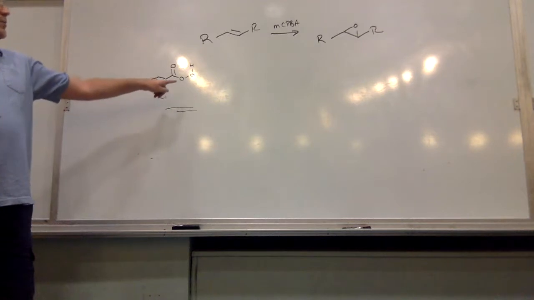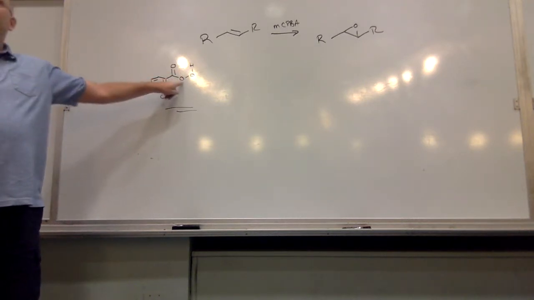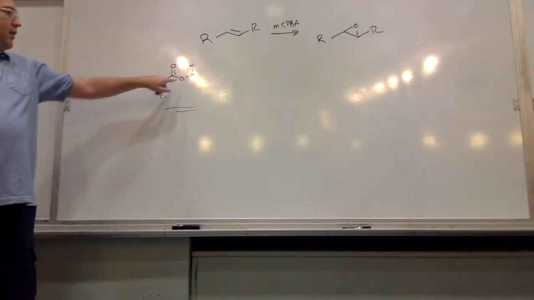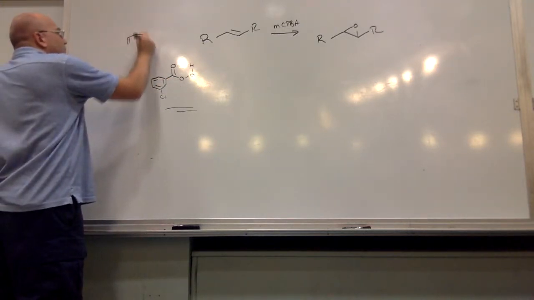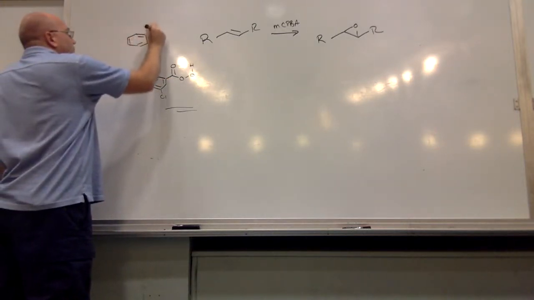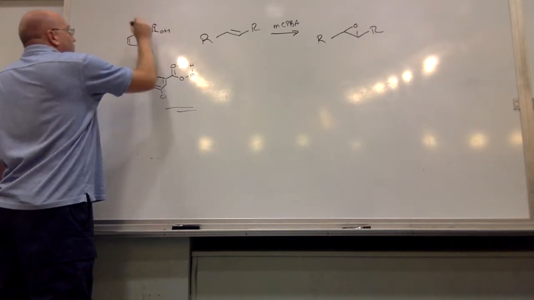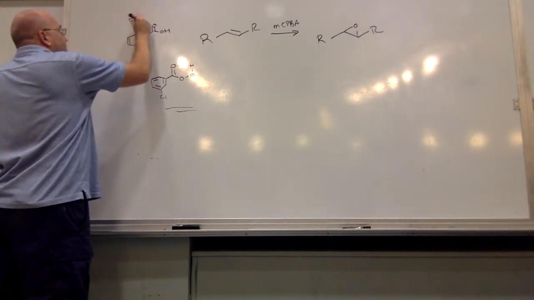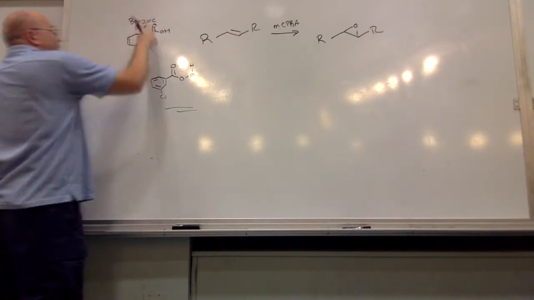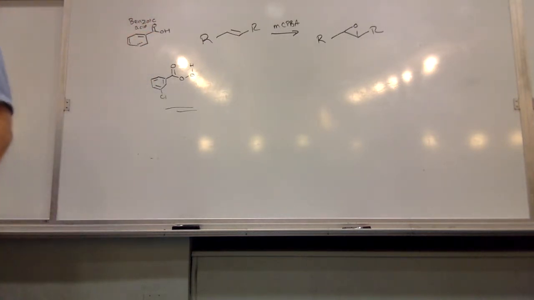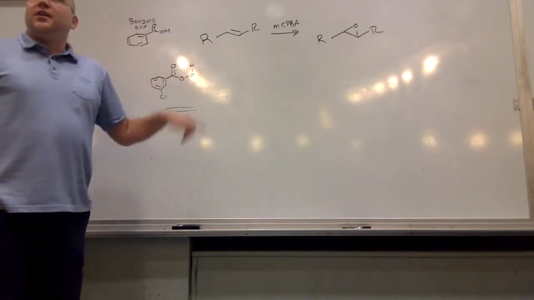The peroxybenzoic acid, right, a benzoic acid, benzoic acid is, right, so this is benzoic acid. And it's the carboxylic acid. Peroxybenzoic acid is basically the peroxide version of it.